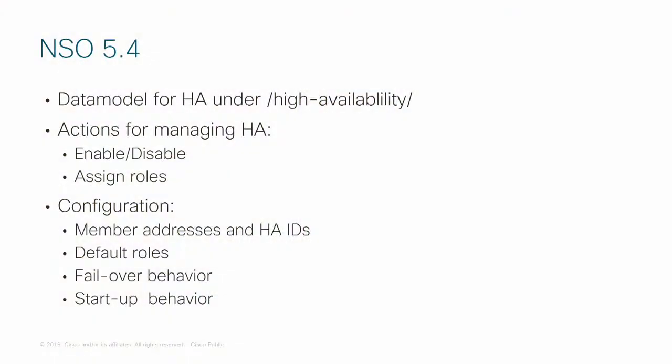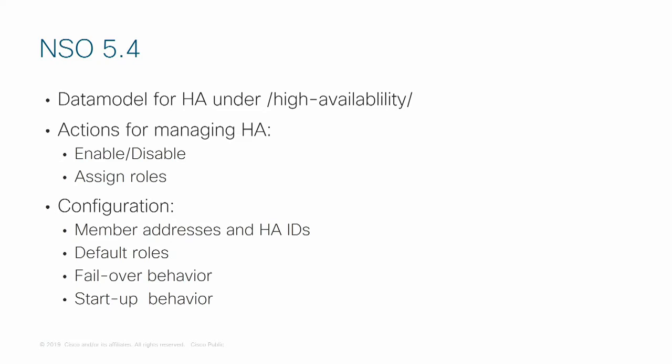So we have included the data model for high availability under high-availability in root in the NSO system. And there are a number of new actions for enabling high availability and disabling it, and also temporarily assigning roles. As for configuration, you can define the different members of the HA setup with their IP addresses and their HA IDs.